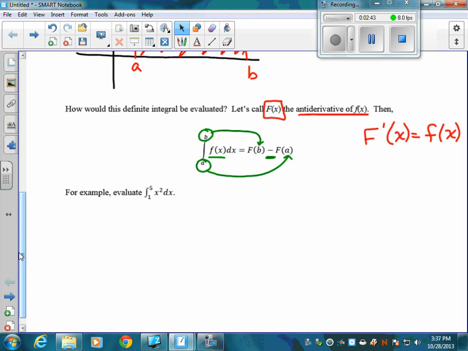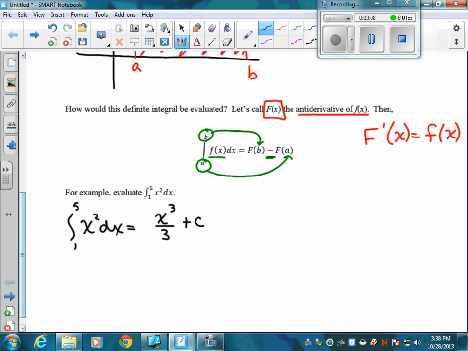Evaluate the definite integral from 1 to 5 of x squared dx. The first thing I need to do is find the antiderivative of x squared. That's going to be x cubed divided by 3. Now, technically there's a plus c, and I'm going to write this plus c right here so we can discuss what happens.